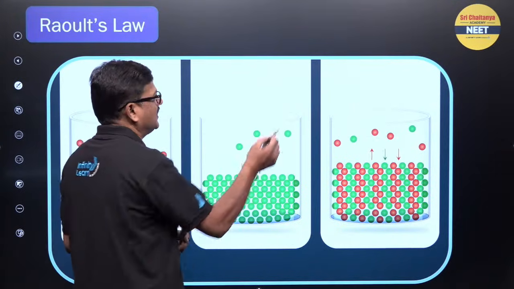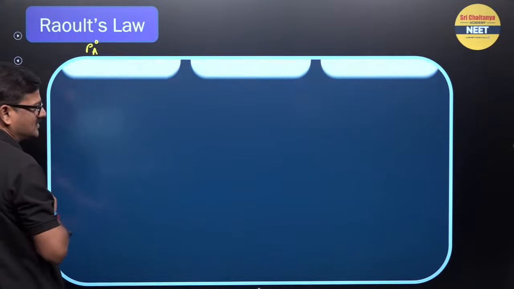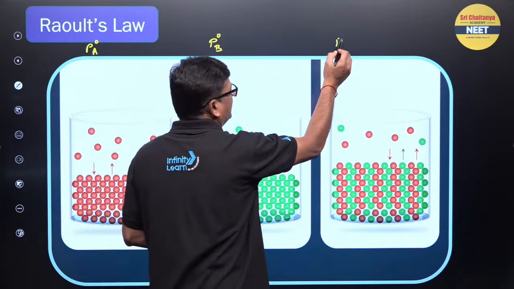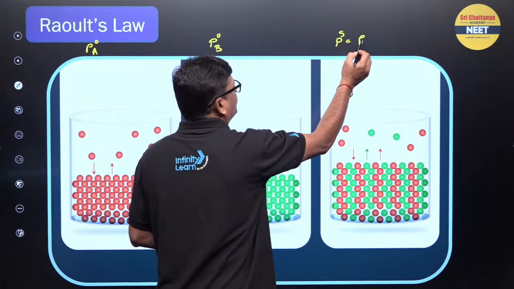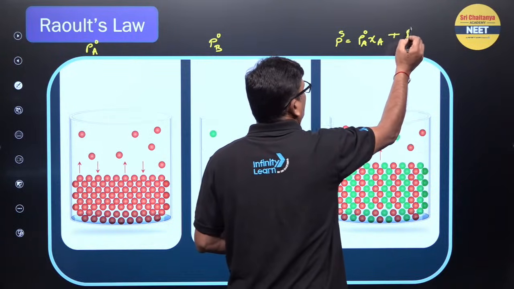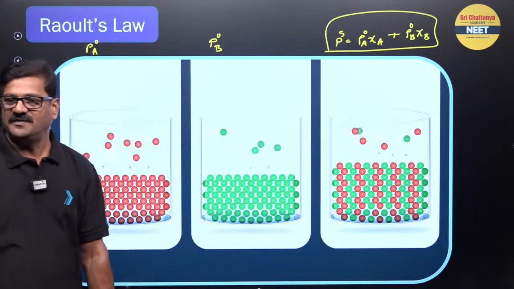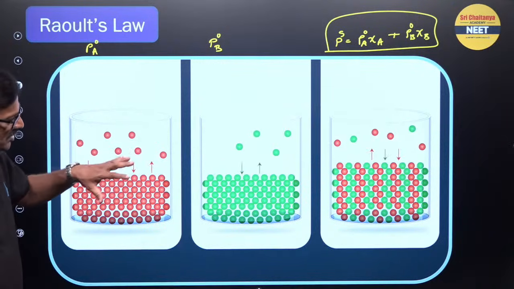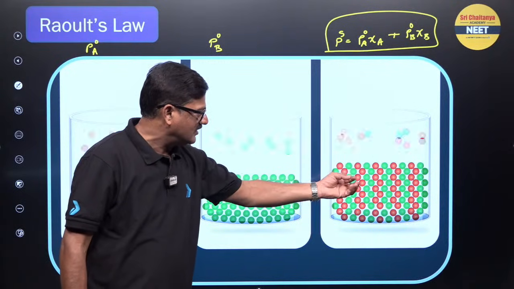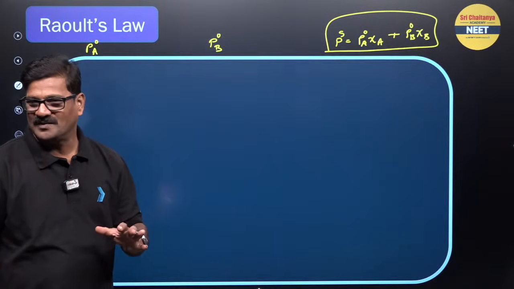Partial pressure of A, and partial pressure of B, and PS = P°A XA + P°B XB. That's just one formula, only one formula. You just visualize it and you will understand this A and this B: as the mole fraction of something is increased, its vapor pressure is increased. So let's see.